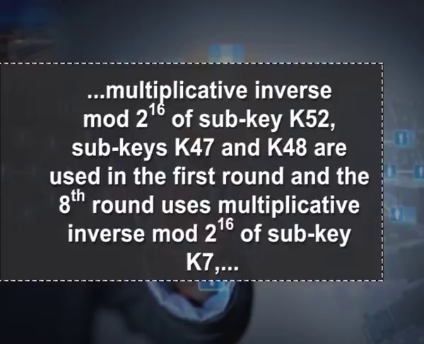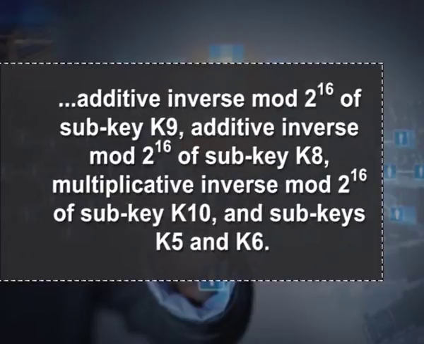The 8th round uses the multiplicative inverse mod 2^16 of subkey K7, additive inverse mod 2^16 of subkey K9, additive inverse mod 2^16 of subkey K8, multiplicative inverse mod 2^16 of subkey K10, and subkeys K5 and K6.